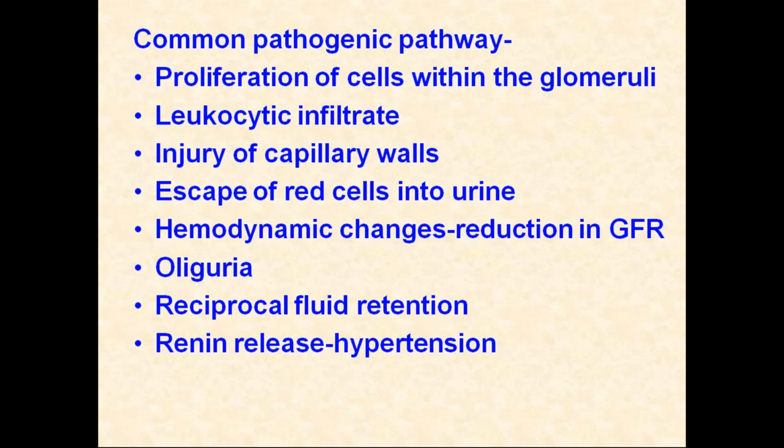Apart from that, they have oliguria, fluid retention, and renin release leading to hypertension. So these are the pathological pathways you observe: proliferation and leukocytic infiltrate in the glomeruli, injury to the capillary wall leading to escape of red blood cells, reduced glomerular filtration rate, oliguria, fluid retention, and renin release resulting in hypertension.